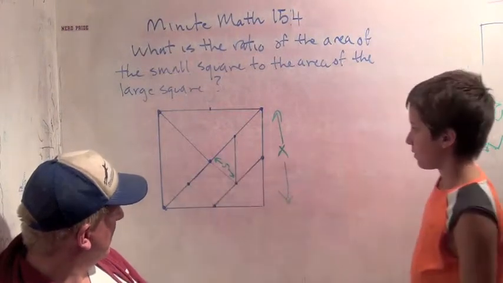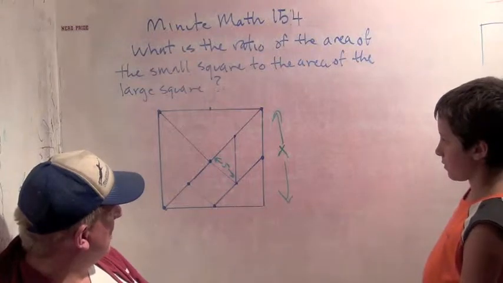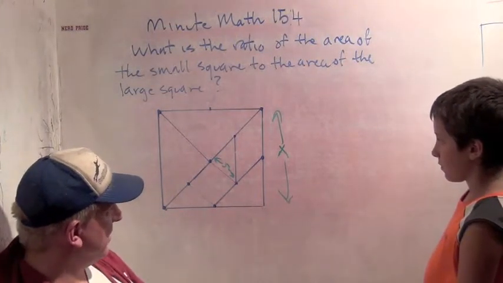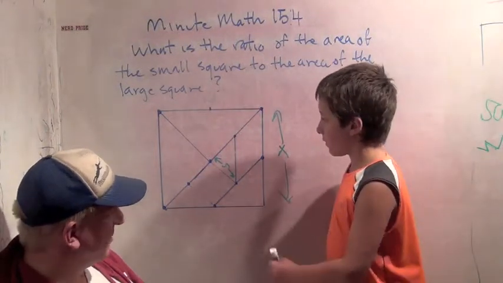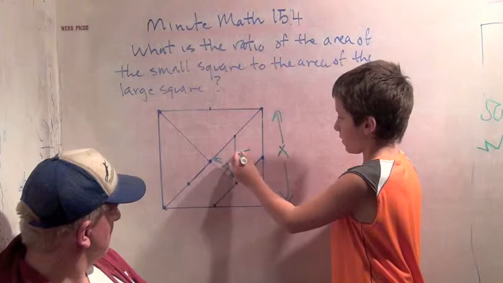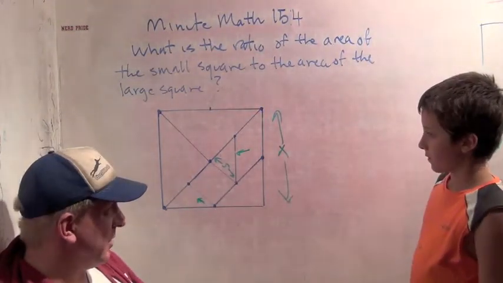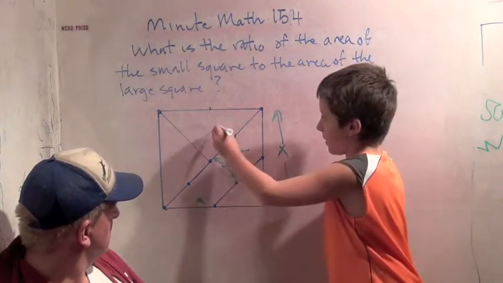Now, do you see any ratios in the picture that might be helpful? Do you see anything that got divided? These two are equal. Okay, they look like they're equal. Do you see anything else that looks equal? These 2 big ones.